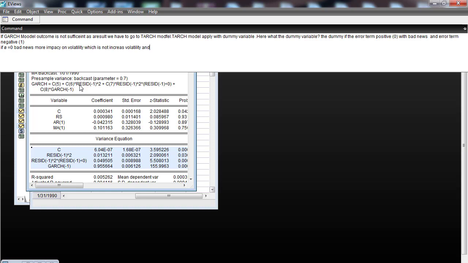And if theta is positive, bad news brings more volatility, or volatility is asymmetric.